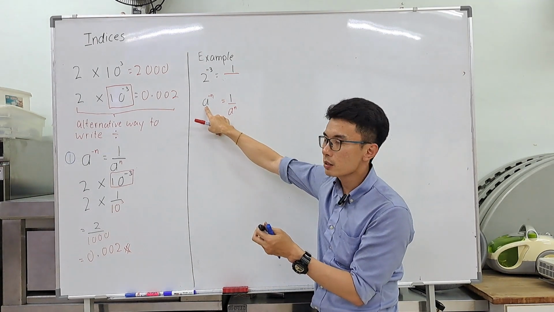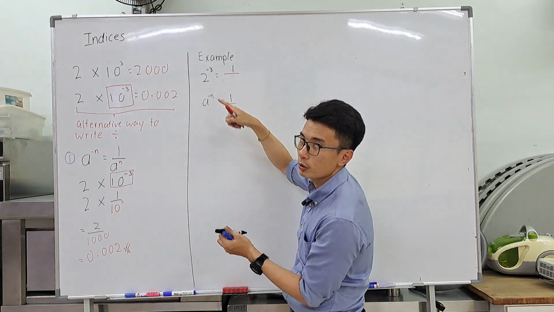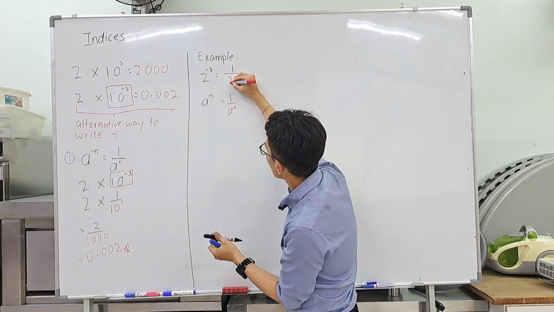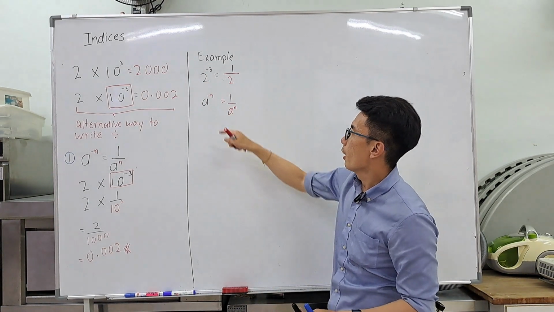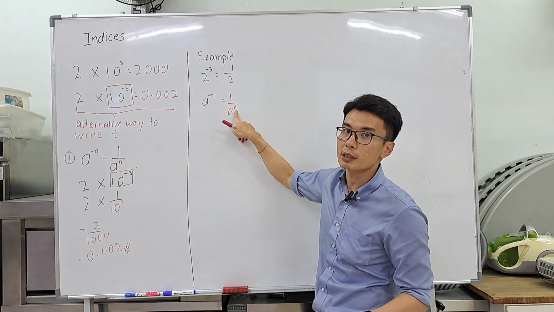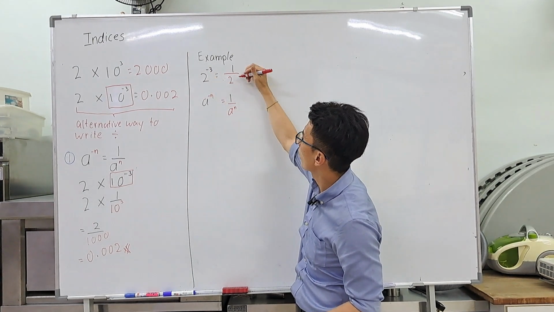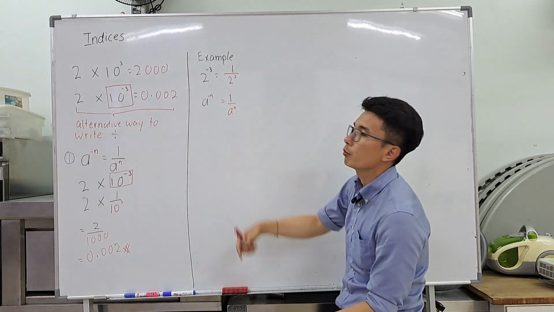a, it's this one. So if it's 2 over here, when we move down to the denominator, it will still be 2. And then here is a negative n, and when you move down to a denominator, it will become a positive. So if I have a negative 3 here, it will become a positive now in the denominator.